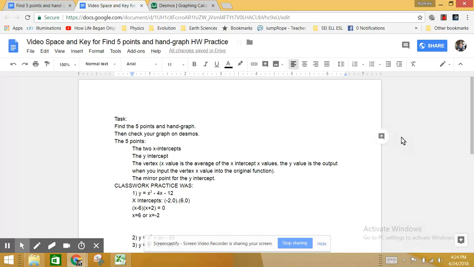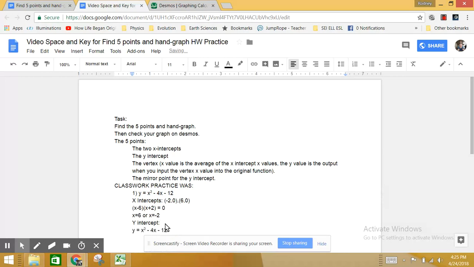Okay, so now I have my x-intercepts. Now the next thing that we could find is the y-intercept. The y-intercept is what happens if x is 0. So I'm going to copy this right here, copying that down here.